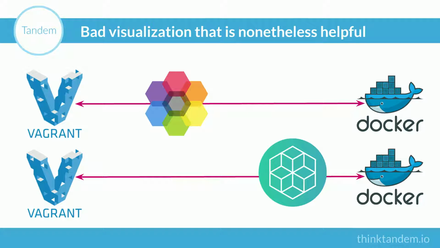And you can think about Vagrant on the left-hand side of this axis, and Docker on the right. Another way you could say this is virtual machines and containers. You can think about this top axis as where most local VMs fit, which is that they're very heavy on the VM side, very heavy on the Vagrant side. And Kalabox, which is on the bottom here, is much closer to the Docker side of things.